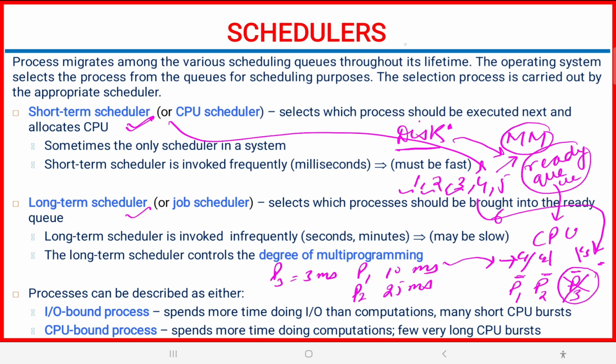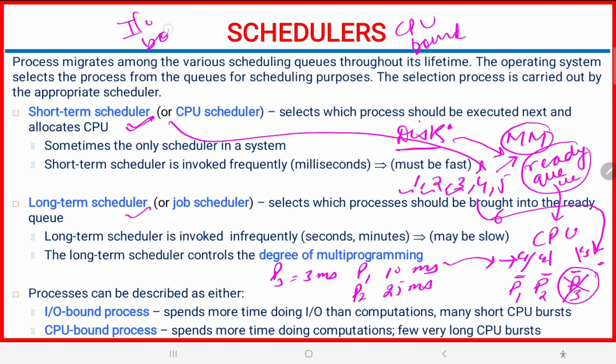The process can be a CPU bound process or it can be an IO bound process. So we can categorize the processes as CPU bound or as IO bound.